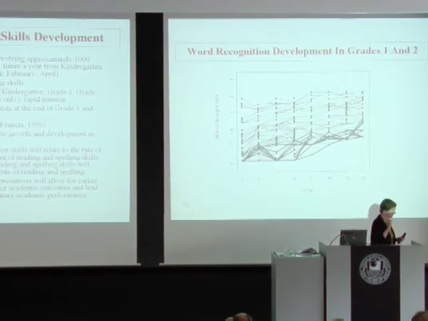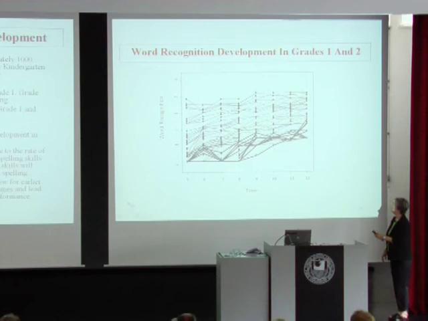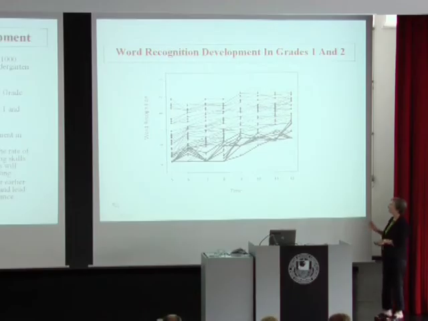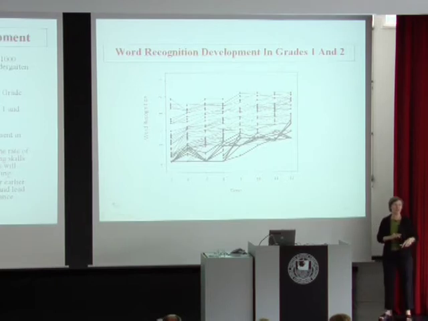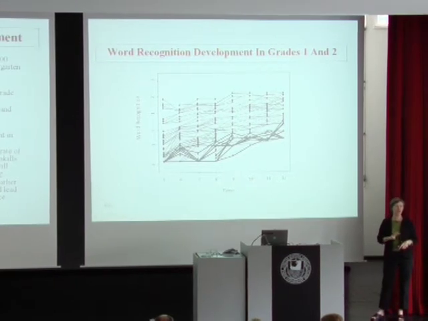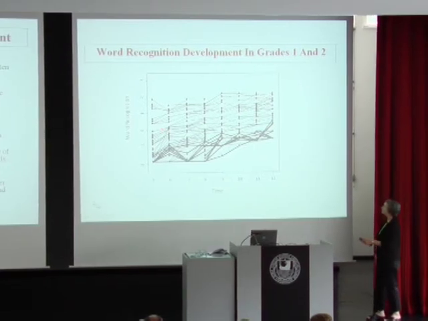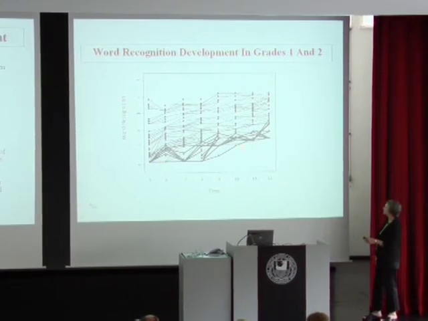So here on the right screen, this is in grades 1 and 2. This is word recognition over grades, where grade 1 starts at the 5th measurement occasion. So we have 12 measurement occasions altogether. The children are measured 4 times in kindergarten, 4 times in 1st grade, and 4 times in 2nd grade. So this is word recognition in 1st and 2nd grade.